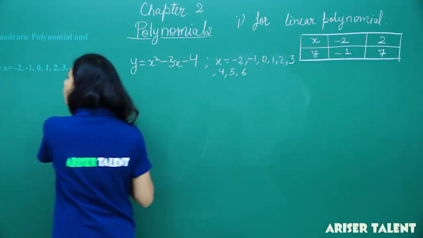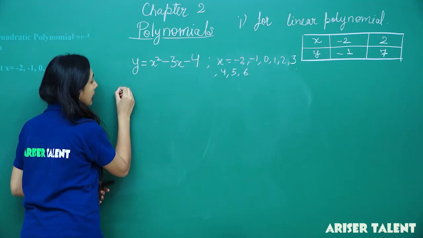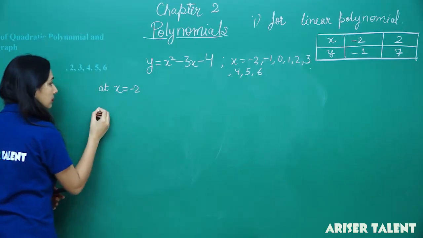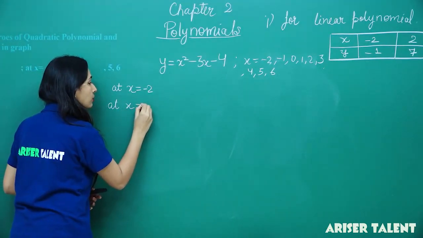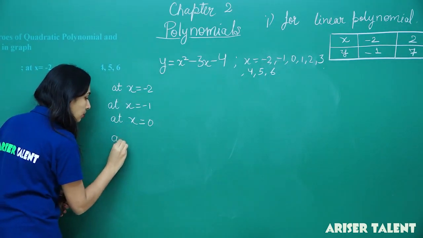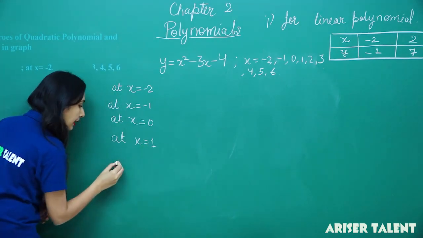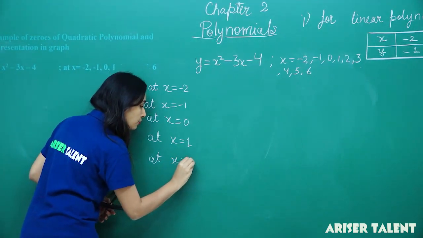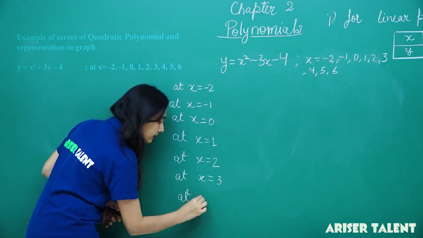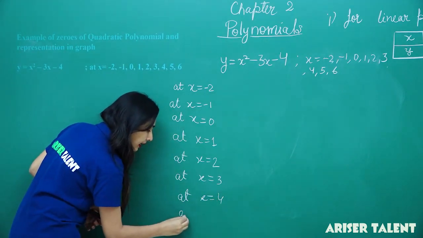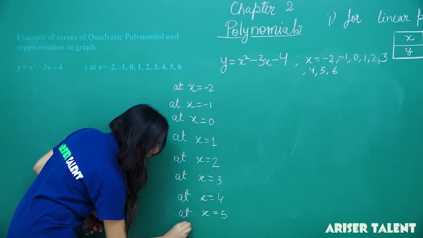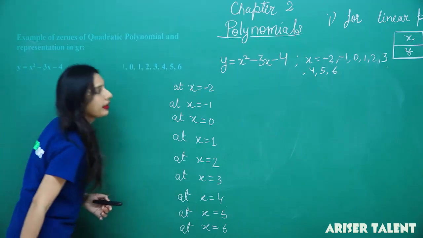Now, how we will do this is, we'll write at x equals to minus 2, next one x equals to minus 1, then x equals to 0, x equals to 1, x equals to 2, x equals to 3, x equals to 4, at x equals to 5, and we have one more at x equals to 6.